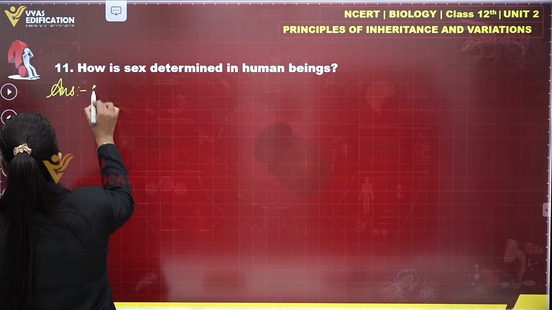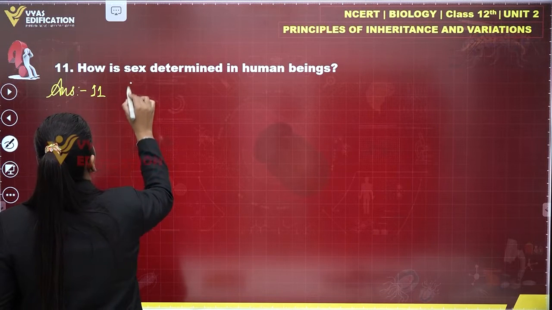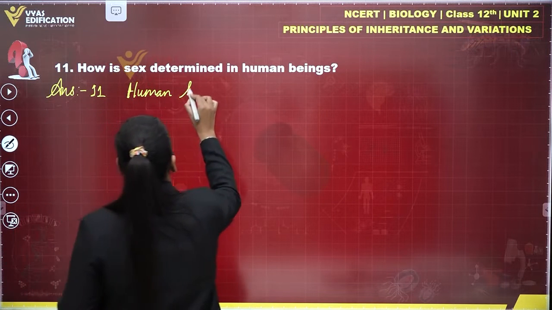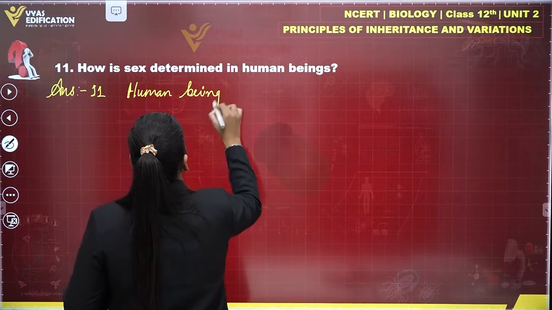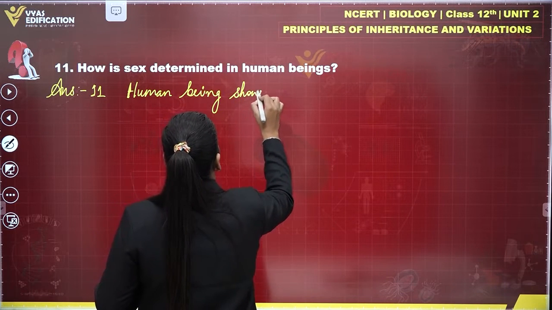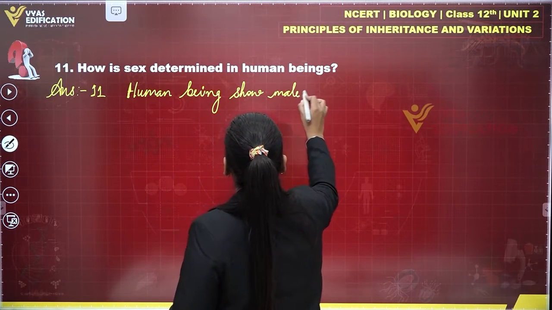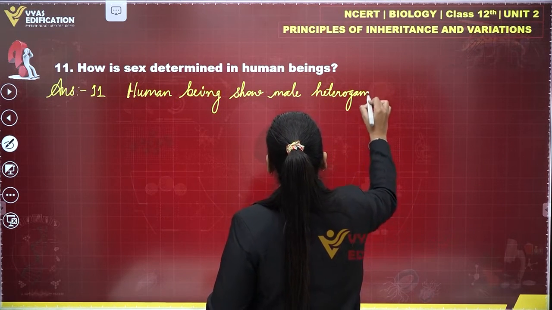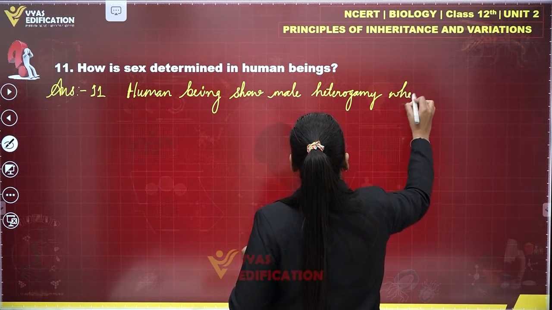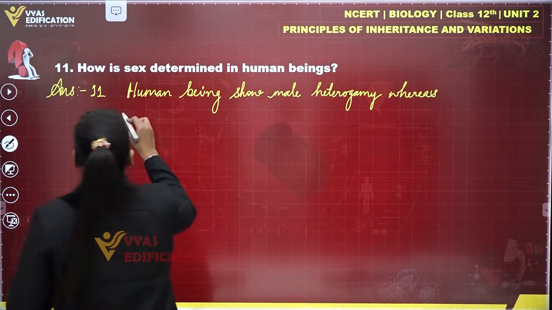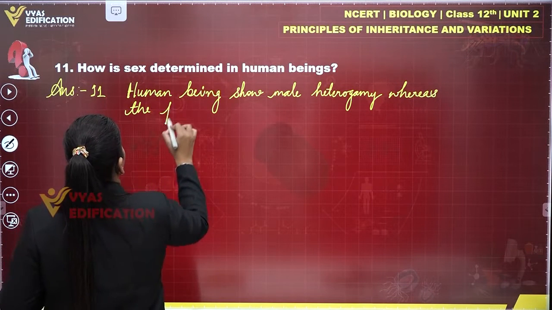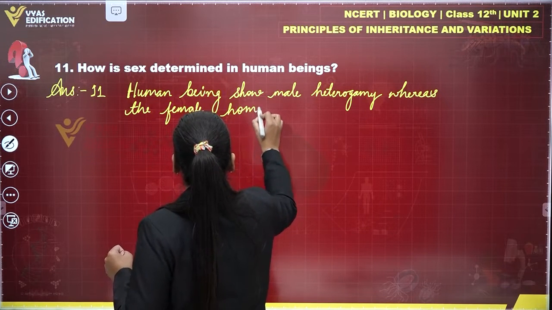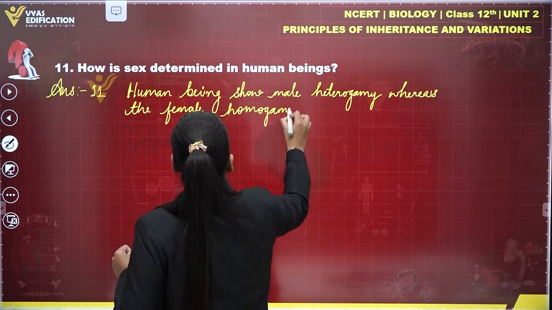Now we are going to write question answer 11. It will start like this: human beings show male heterogamy, whereas the female homogamy.